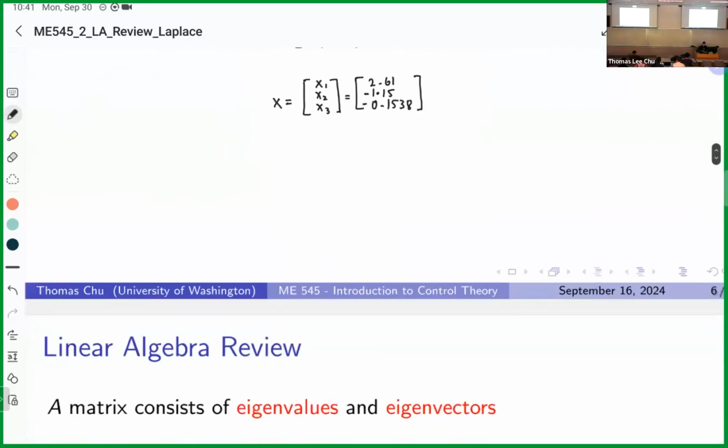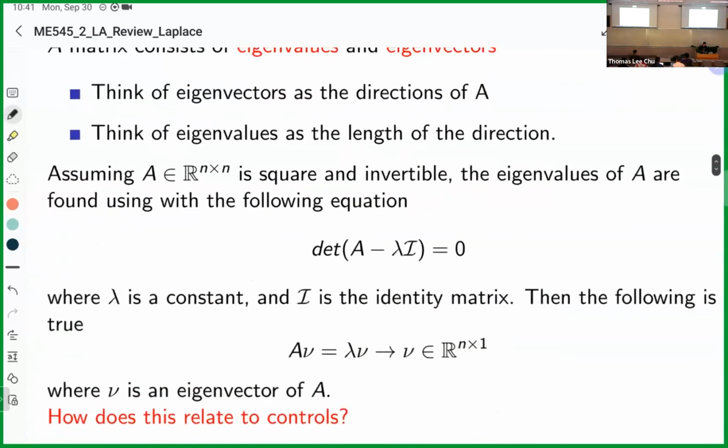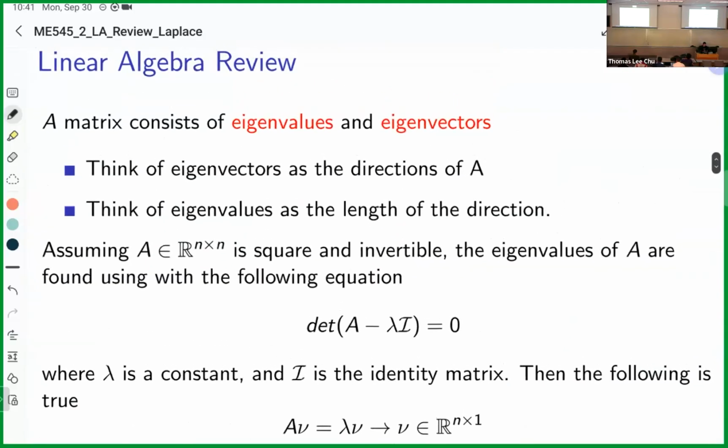Okay, so this should be familiar, hopefully. A matrix consists of eigenvalues and eigenvectors. What I mean by that is, usually with a matrix, we can represent these as coordinates. Think of the eigenvectors, the name vector means direction.